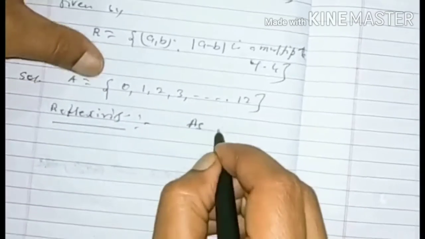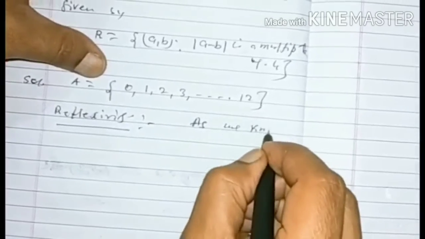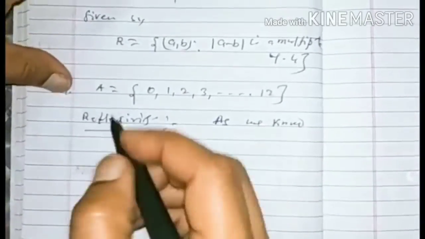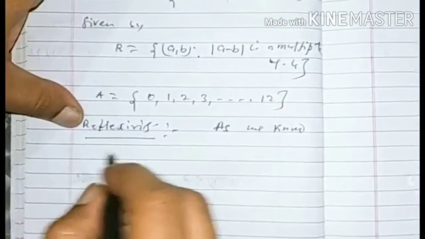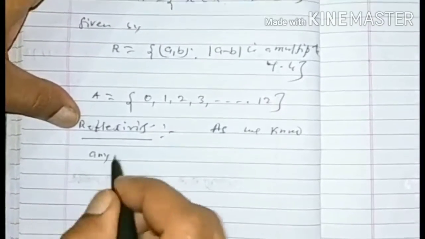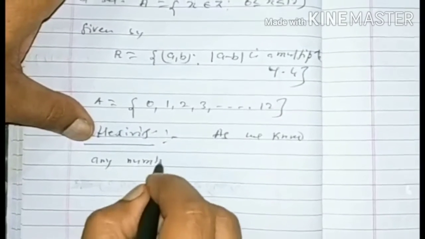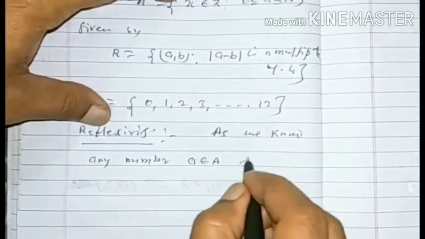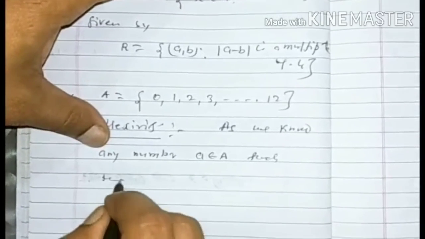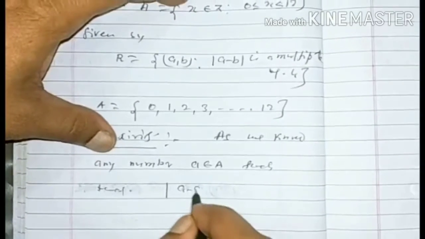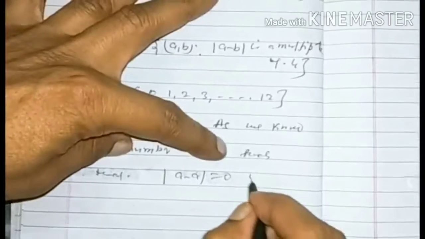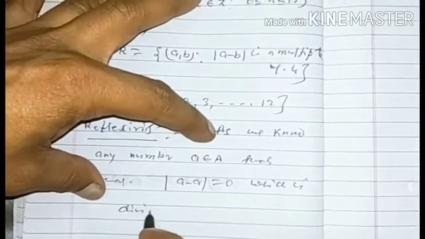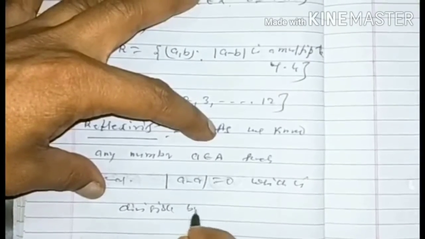As we know, for any number A belonging to A, the magnitude of A minus A is 0, which is divisible by 4.